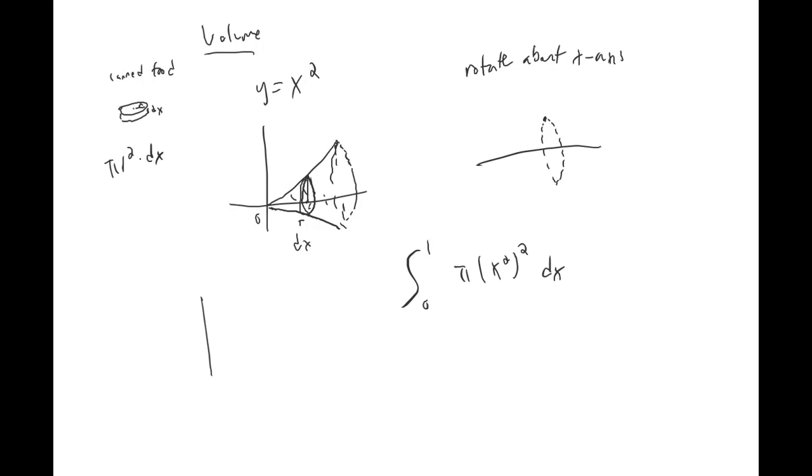Kind of like in area, where we take rectangles and integrate from a to b. For volume, we need an extra dimension, so we take area and then integrate from a to b. Everyone clear on this?